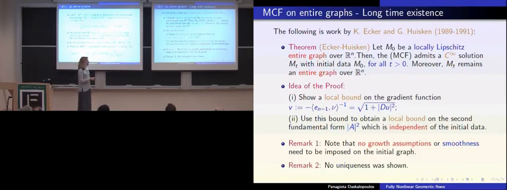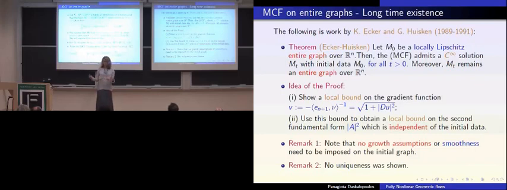So you look at the gradient function, which is the inverse of En+1 dot nu. This is the gradient function. The whole point at the beginning is that using the maximum principle, you can prove a local bound for the gradient function.